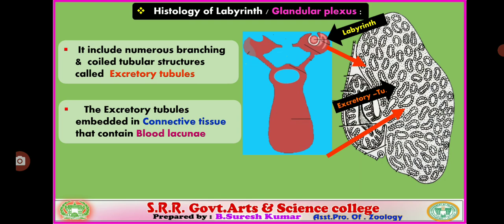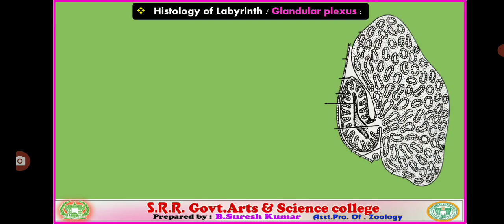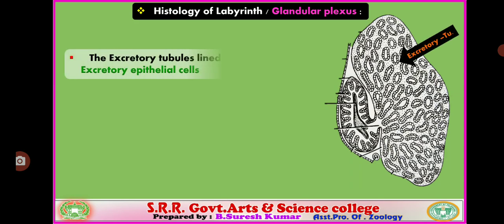And if we observe the excretory tubules, you observe these are excretory tubules. These excretory tubules are lined with a single row of excretory epithelial cells. Each and every excretory tubule is lined with a single row of excretory epithelial cells.